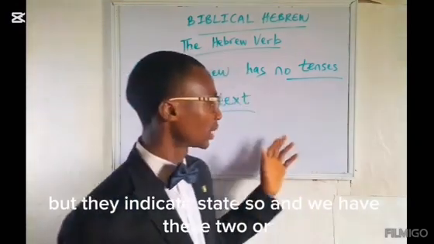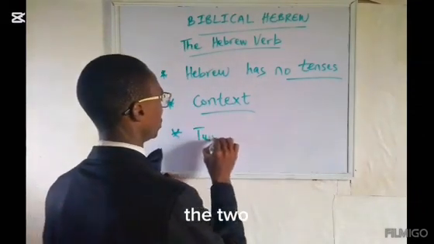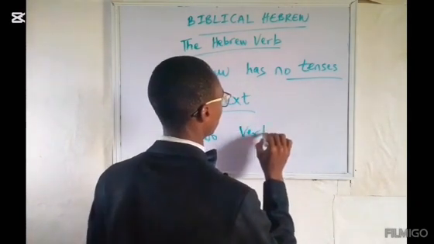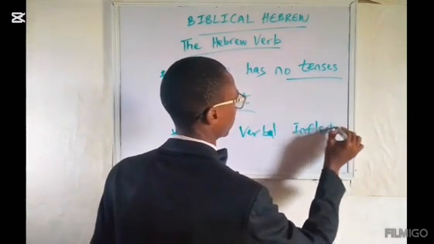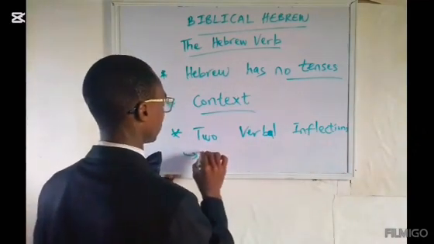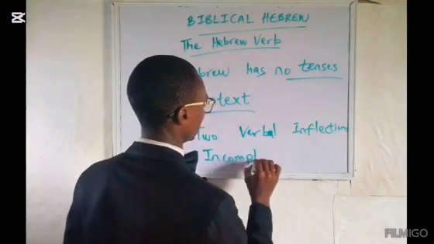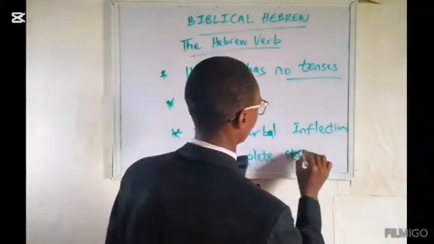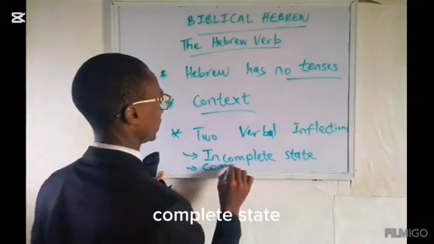And we have these two verbal inflections: we have the incomplete state, and we have the complete state.